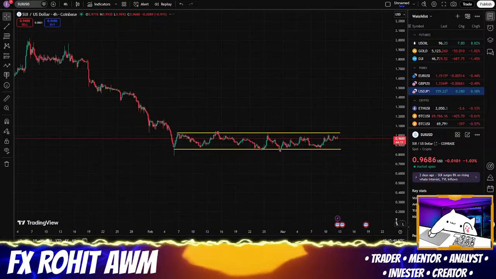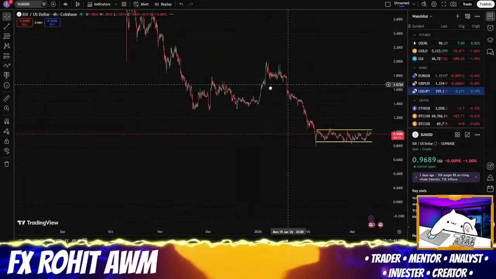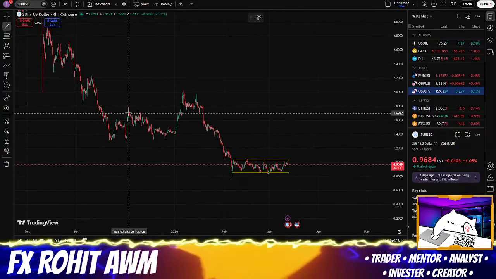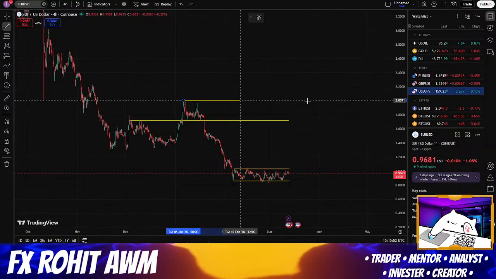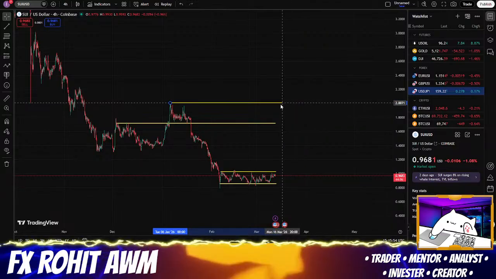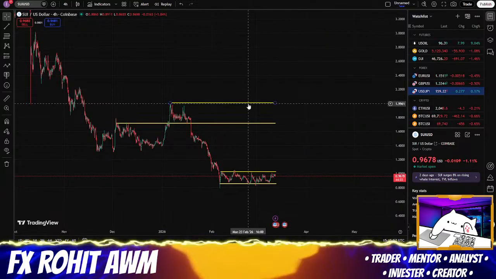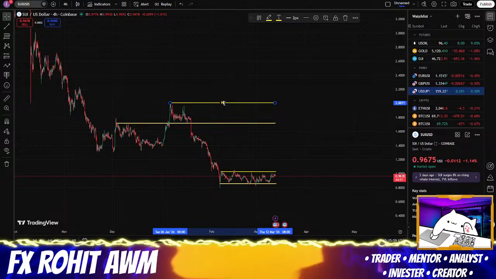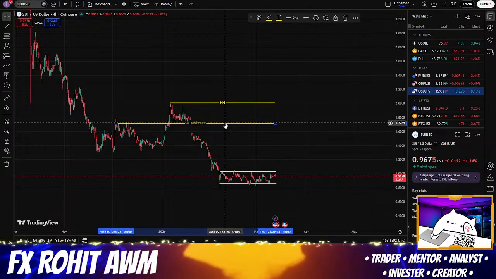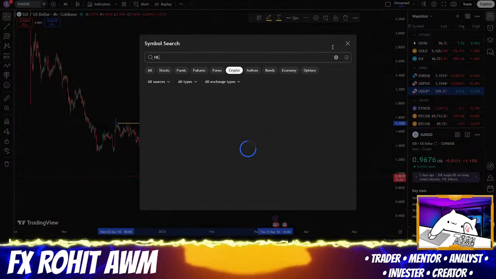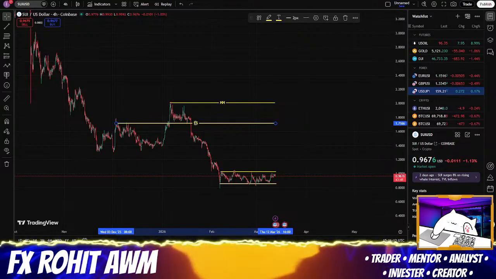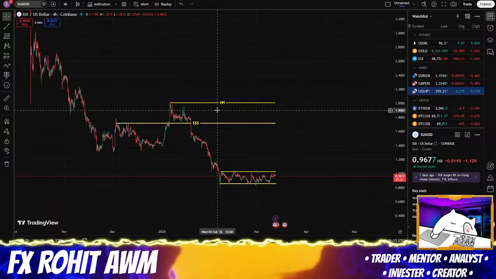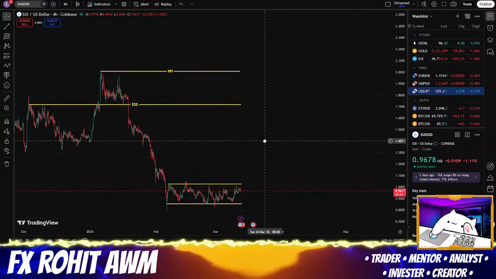Okay, so this is our higher high and this is our higher low, and this is a very good liquidity area in the market.